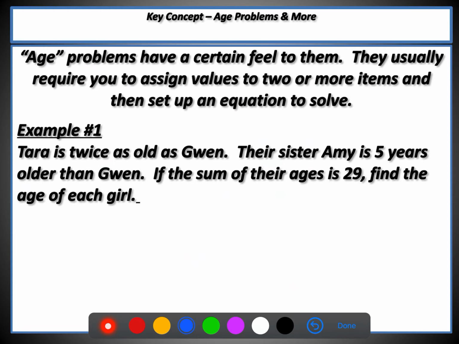All right, so now this is the second part of our lesson here. We want to talk about age problems. So we do them similarly to consecutive integers, but there's a little bit of a twist. So with age, we're always going to figure out who is everyone being compared to.